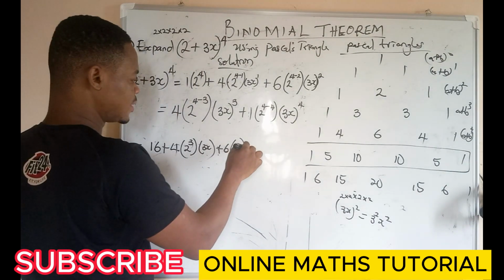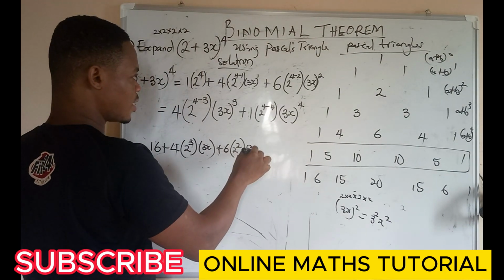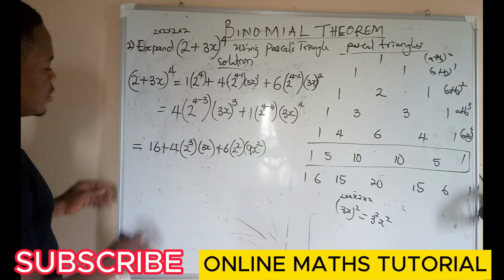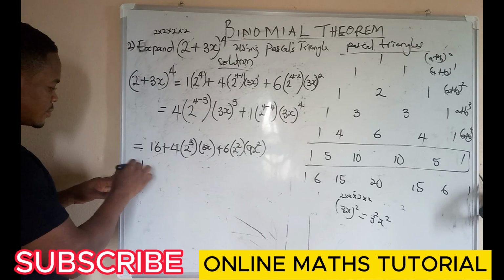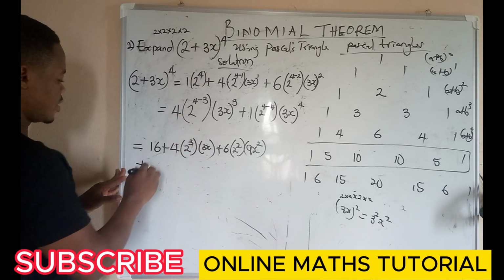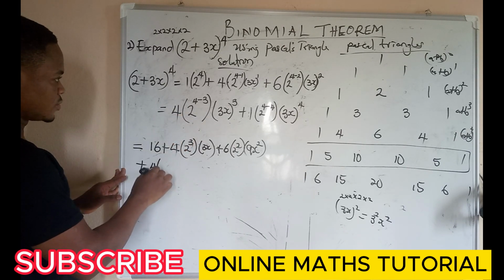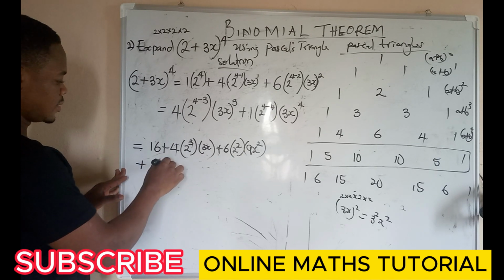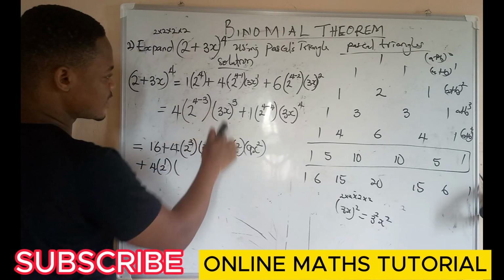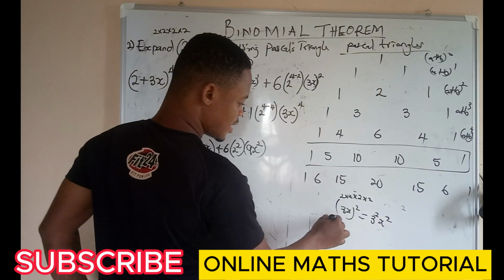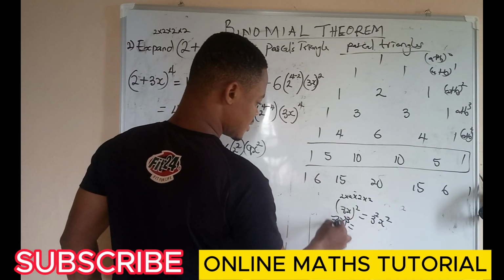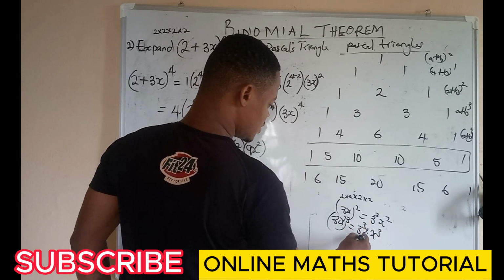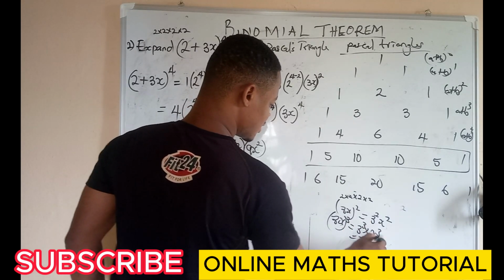So this is 9x raised to the power 2, plus, here we have 4 into 2 raised to the power 1 into 3x raised to the power 3. 3x raised to the power 3 is same as 3 raised to the power 3 times x raised to the power 3, which is 27x raised to the power 3.